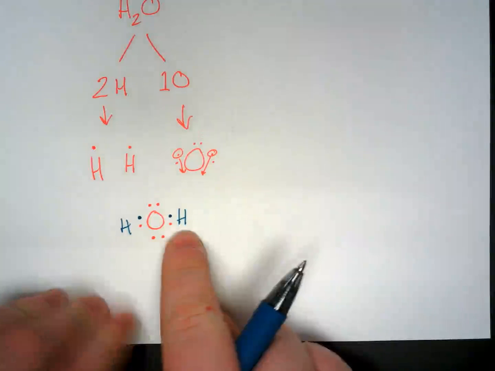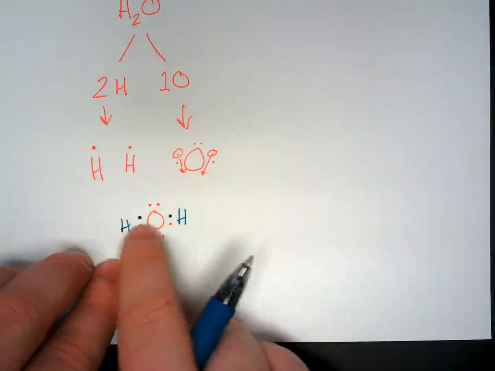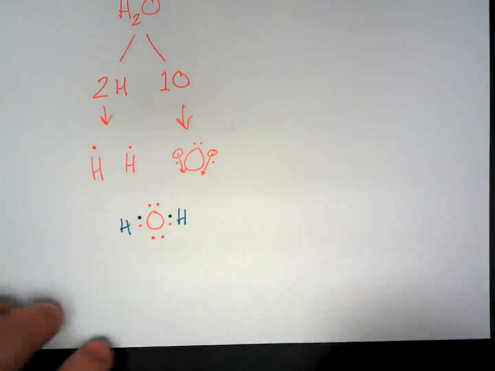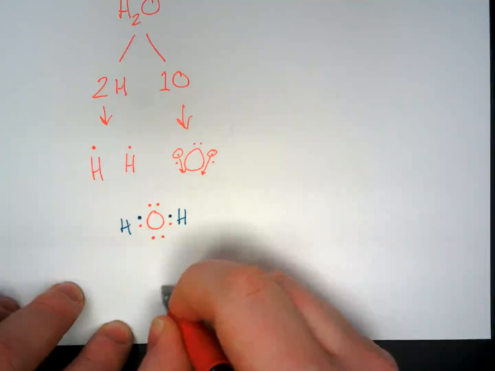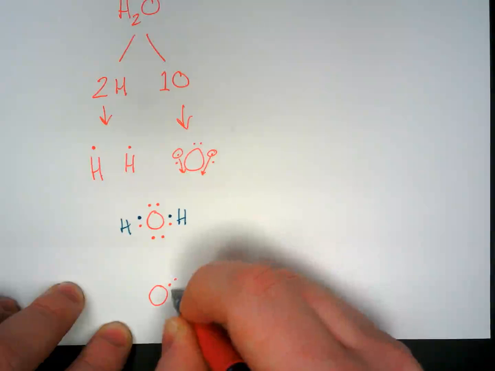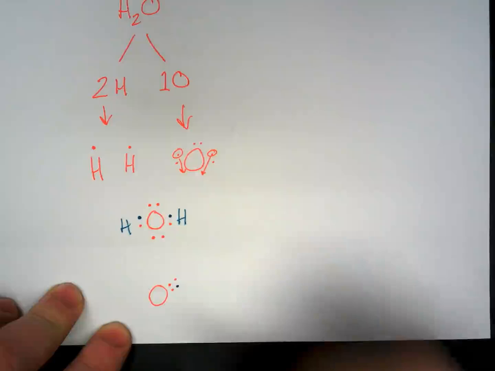So here's the hydrogen, and it's bonding with the oxygen, more or less tossing its valence electron into the oxygen. If I were to show this a little bit more accurately, it would be oxygen, 1, 2, 1, and then it would look more like this.